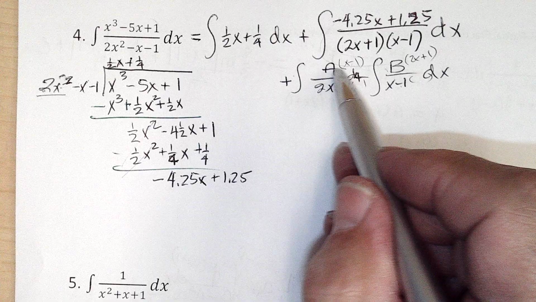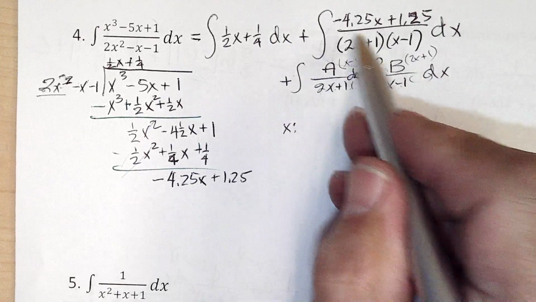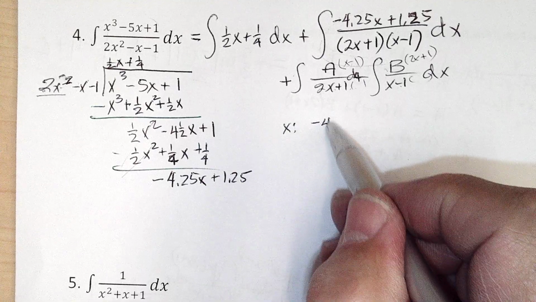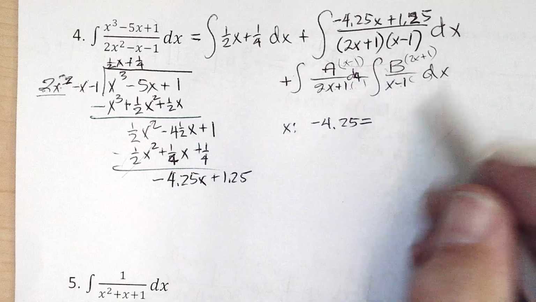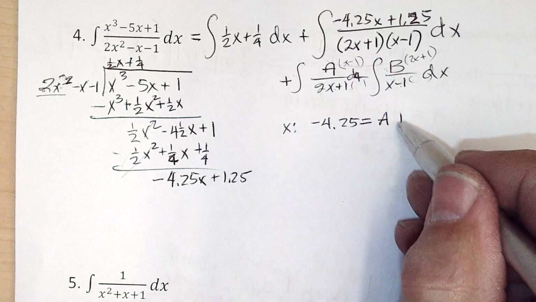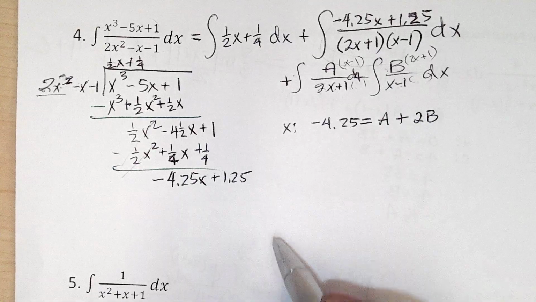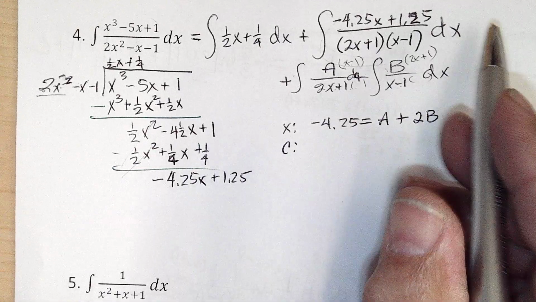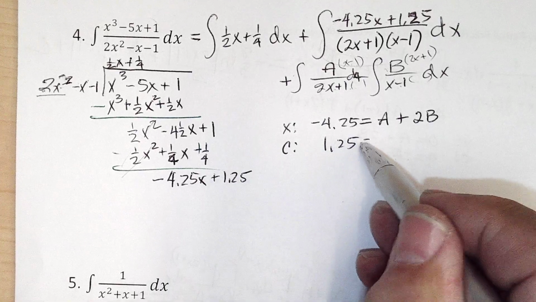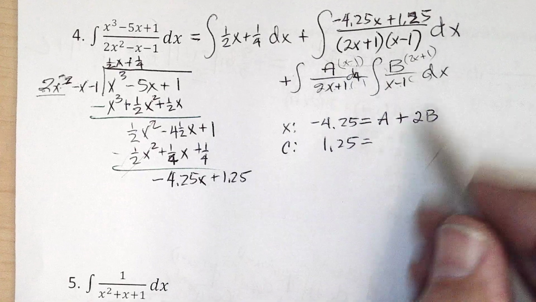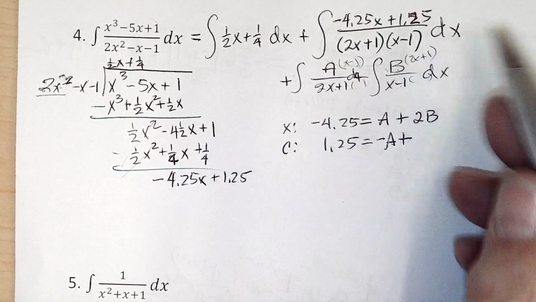So I have x's. In this, I have -4.25 equals ax's plus 2bx's. And then at the constant, I have 1.25 has to be -a plus b.